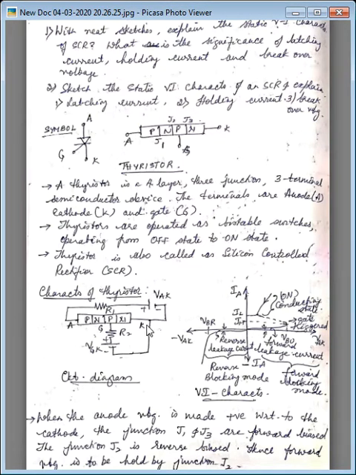When no gate voltage is applied to J2, no current flows through this particular junction, even through the whole circuit.